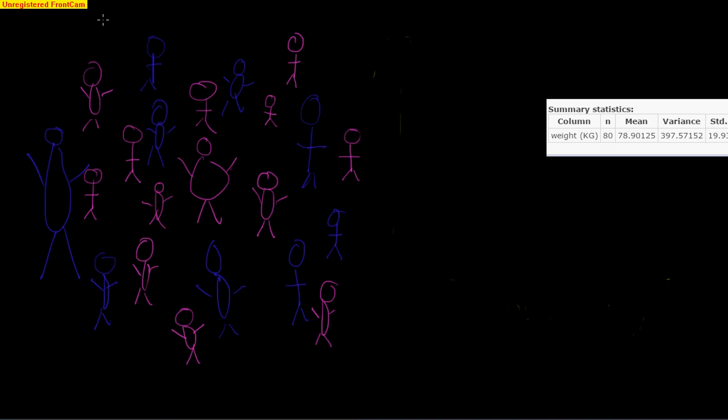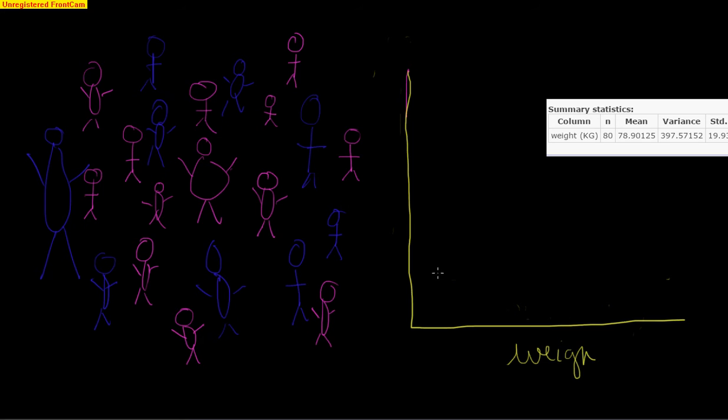Okay, so what I drew here was just a group of men and women. I know I'm not much of an artist. Where did our histogram come from? Well, if we were to take this and create a little frequency distribution, down here would be our weights in kilograms, and this would be our frequency.